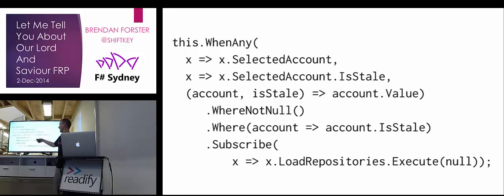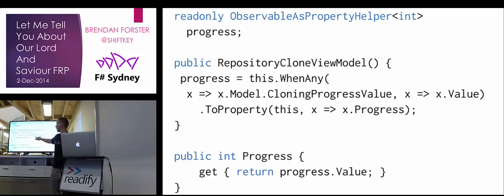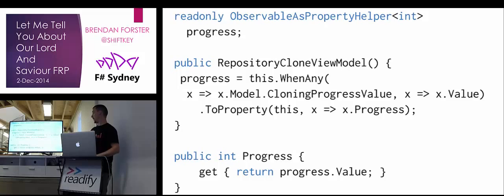So then the WhenAny becomes an observable that I can play around with like any other observable. In my WhenAny here, I have a progress value, which is just a stream of integers. I then pass on the value, and map this to a property. So progress is this guy here, ObservableAsPropertyHelper, and then I just expose that as an empty getter. No setting logic at all, just firing up and doing the transform from an observable to an int.